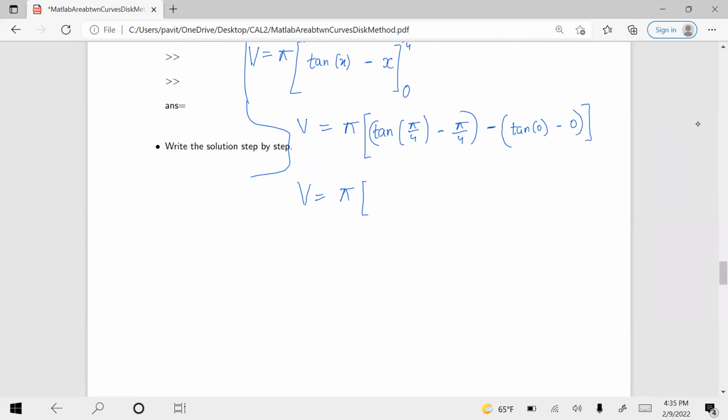What is tan pi by 4? Yes, tan pi by 4 is 1, minus pi by 4, minus tan 0.